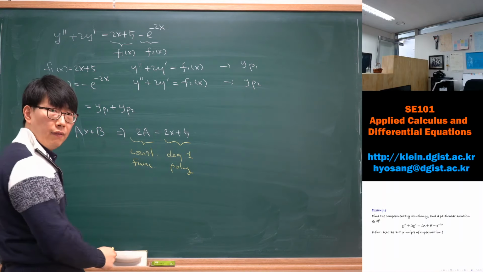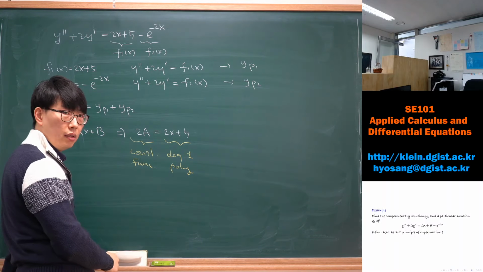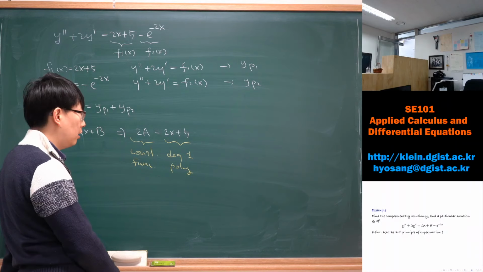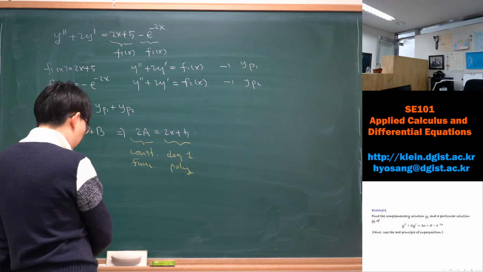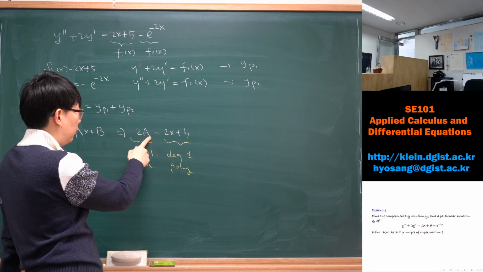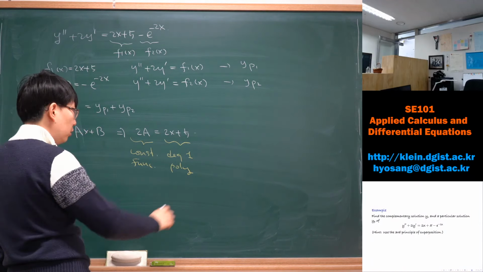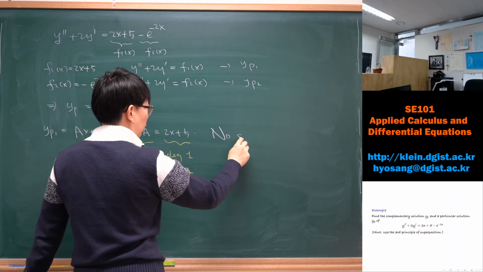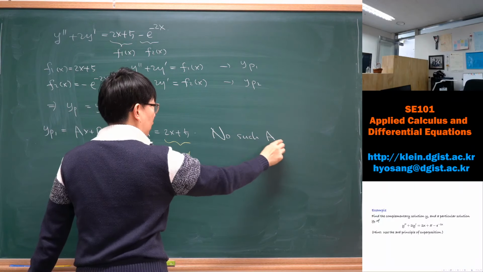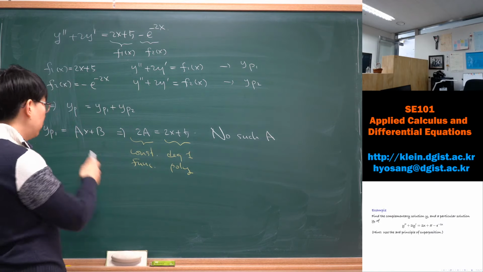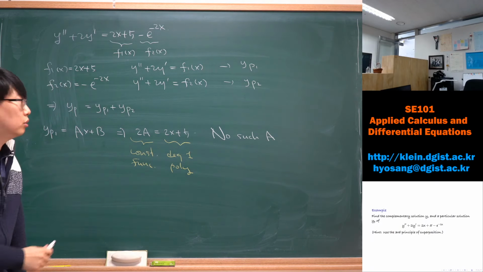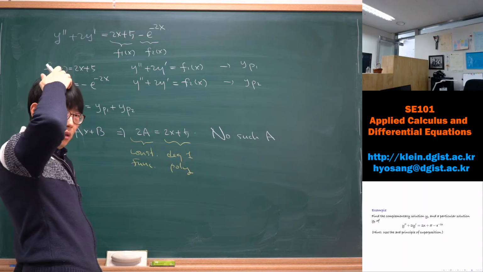They cannot be the same function, obviously, because whatever value of a I choose, this is a constant function and this is a degree 1 polynomial. So there's no such a that makes yp1 a solution to this differential equation.